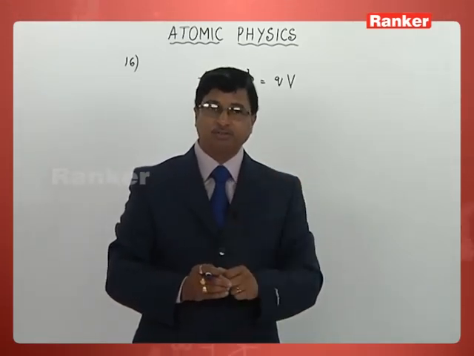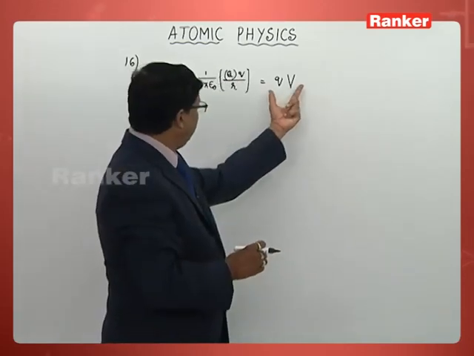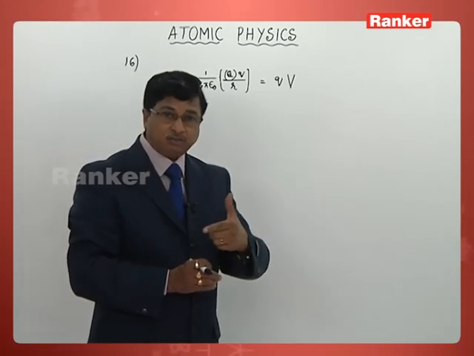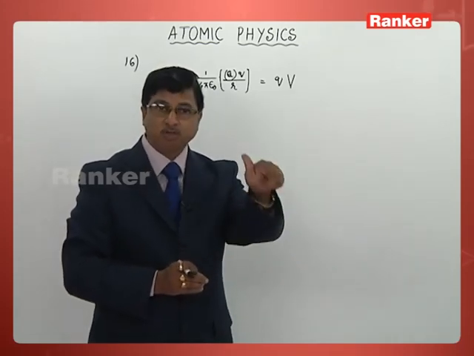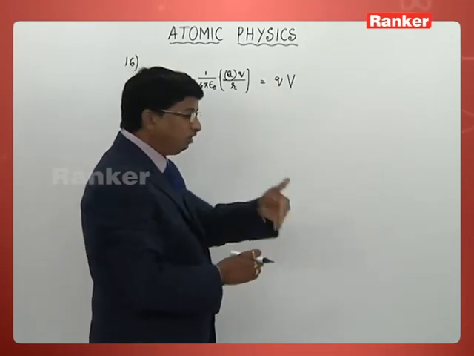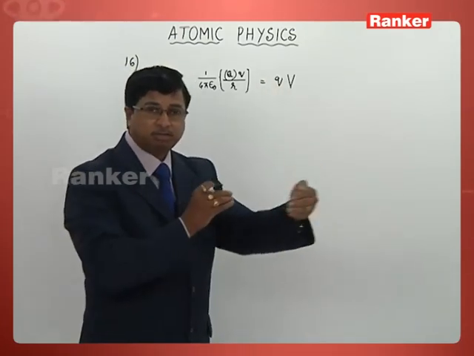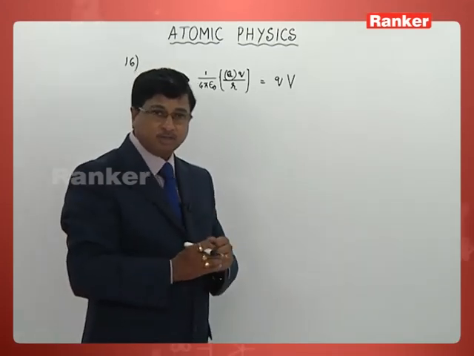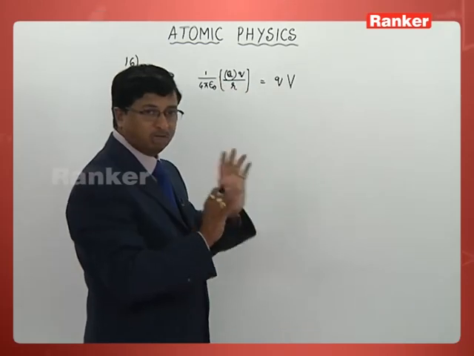This is the energy the charged particle gains when it is accelerated through that potential difference. That energy it is losing just because of the repulsion between the nucleus and that charged particle in this particular case. So both are supposed to be equal.